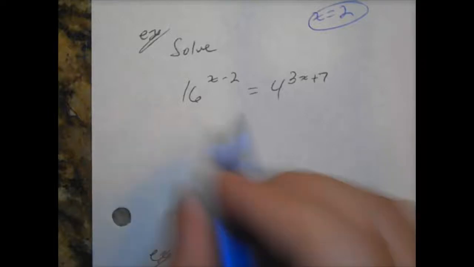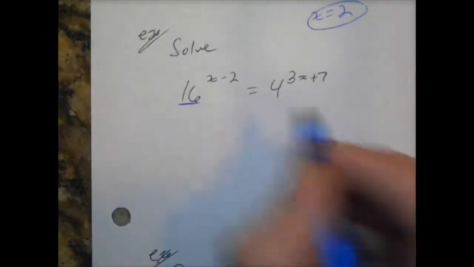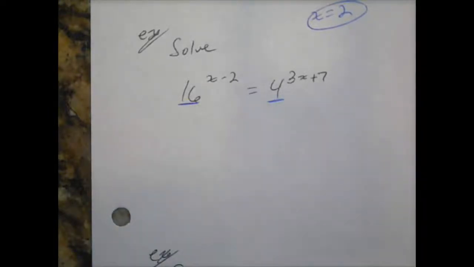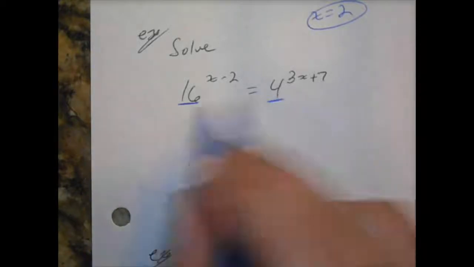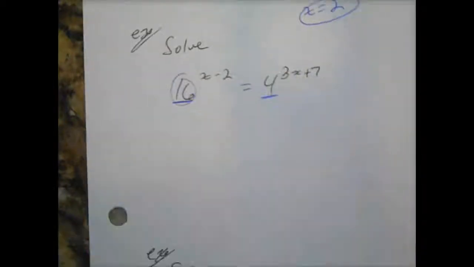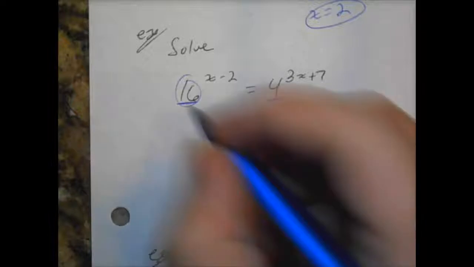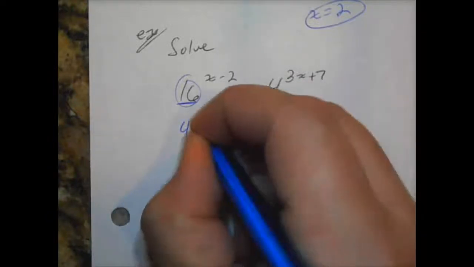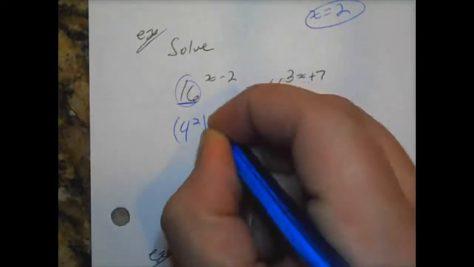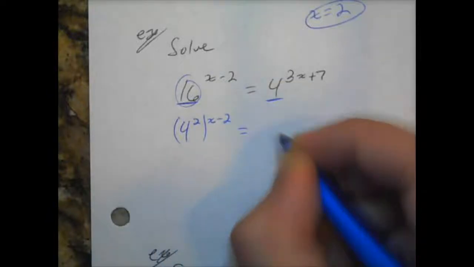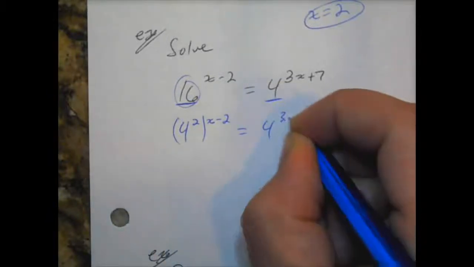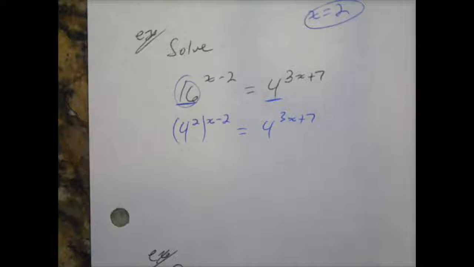So here, this is an exponential form and this is an exponential form. What I notice right away is that 16 is related to 4. And that 16, this part, is equal to 4 squared. So what I can do is make that the same thing as 4 squared, and I'll keep that exponent the same out there, and then 4 to the 3x plus 7. Well, check it out.